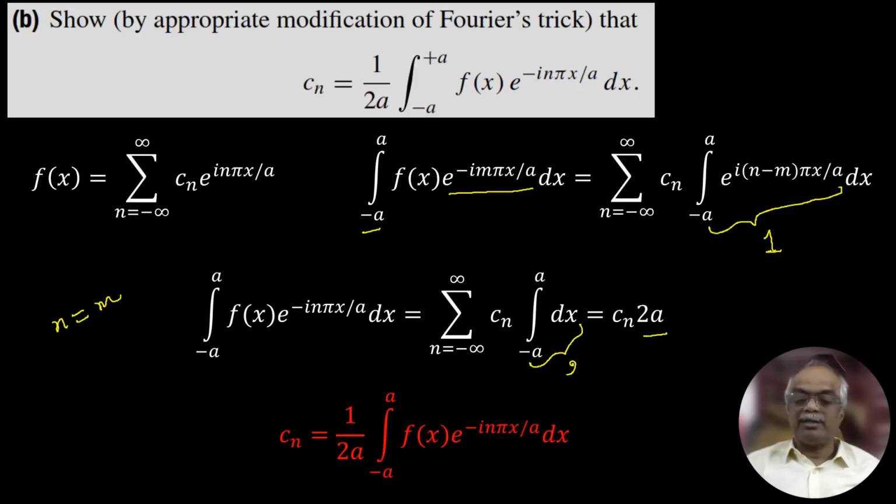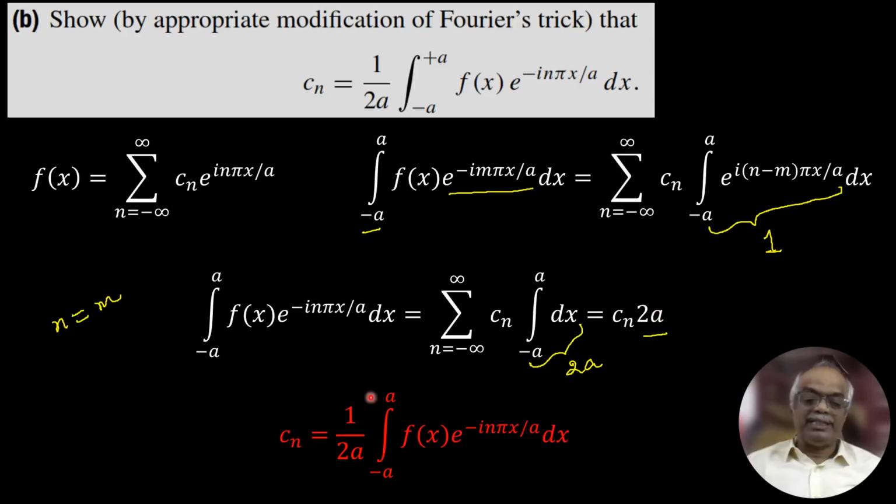So you have already this Cn, Cn into 2a. Why have I removed this summation? This summation is only for when n is equal to m. So when n is equal to m, you will get 1, so Cn into 2a.